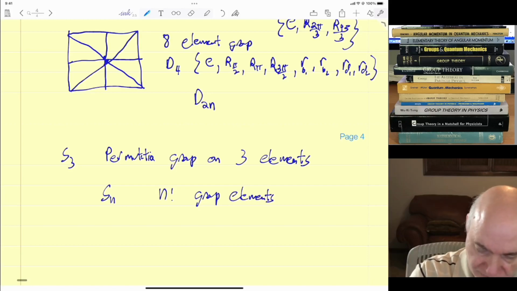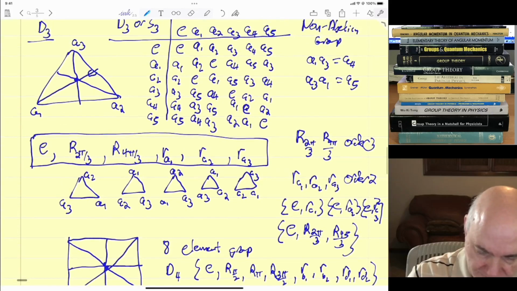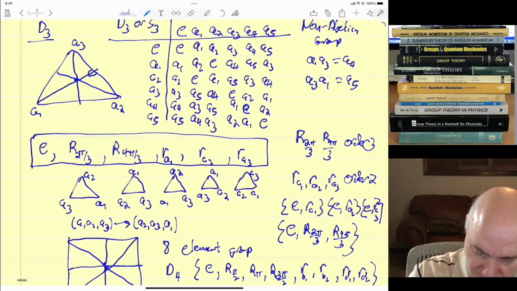And it just permutes the elements of the group. If you go back to these triangles, you can see that what I'm doing is I can sort of say A1, A2, A3 goes to A2, A3, A1, and so on. All of these things will have a permutation associated with them.